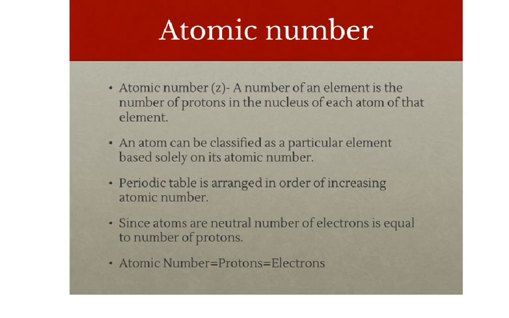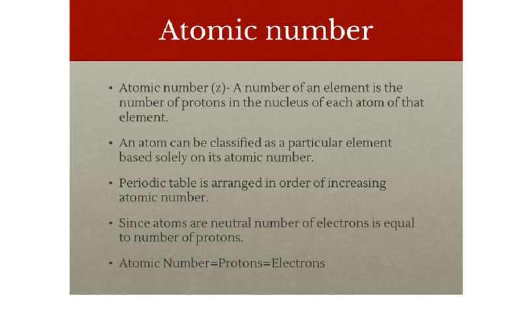All right, so some information that you should know about an atom. The idea of the atomic number. Anytime you see it referred to as the capital letter Z, we are talking about the atomic number. The atomic number of an element is the number of protons in the nucleus of each atom of that element.